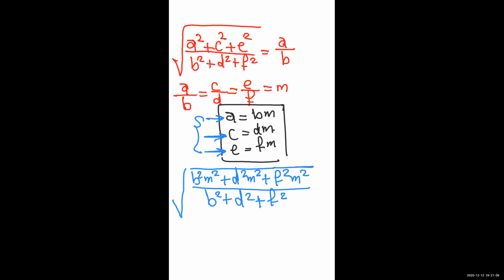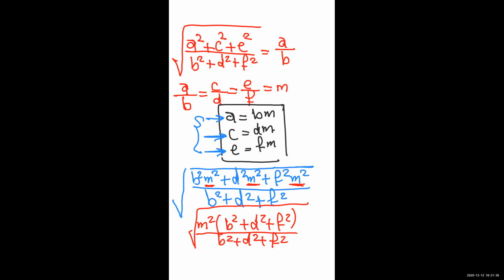So now, of course, there is a common factor here on the numerator. Okay, so what will be the common factor here? Actually, M squared, M squared, M squared. So it will equal M squared times B squared plus D squared plus F squared over B squared plus D squared plus F squared, and then the square root.